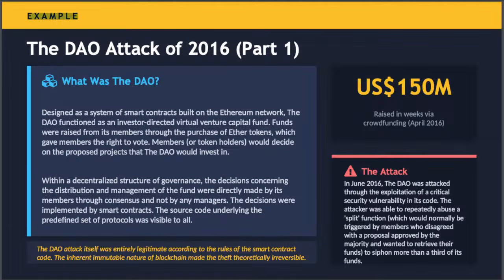Now let's look at this example, the DAO attack of 2016. What was the DAO? It was designed as a system of smart contracts built on the Ethereum network. The DAO functions as an investor-directed virtual venture capital fund. The funds were raised from its members through the purchase of Ether tokens, which gave members the right to vote.